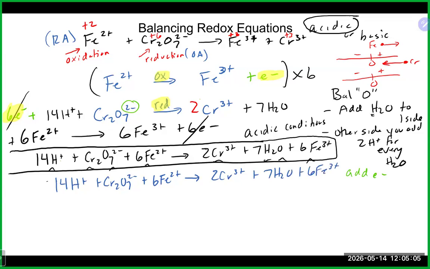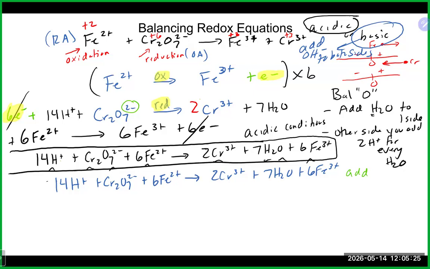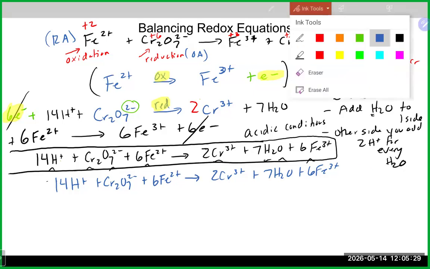And now if we wanted to do basic, we're going to add OH- to both sides. So to balance the equation in basic conditions, we're going to add OH- not to one side, but we're actually going to add it to both sides. And the question might be, how much OH- should we add?